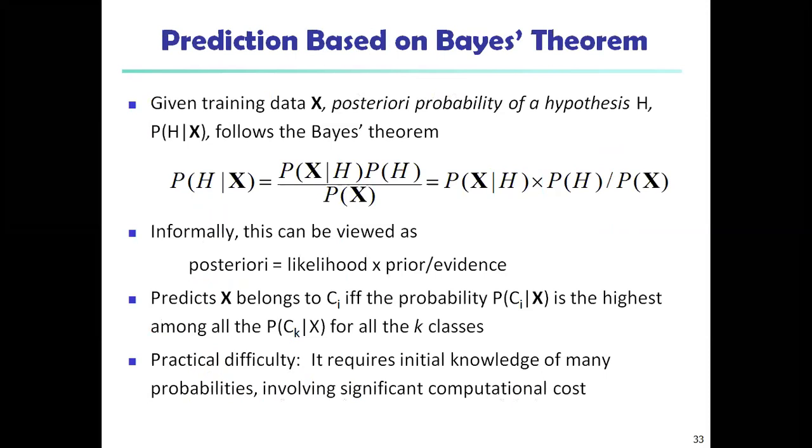Now see here prediction based on the Bayes theorem. Or simply you can represent a conditional probability. Given training data X, posteriori probability.